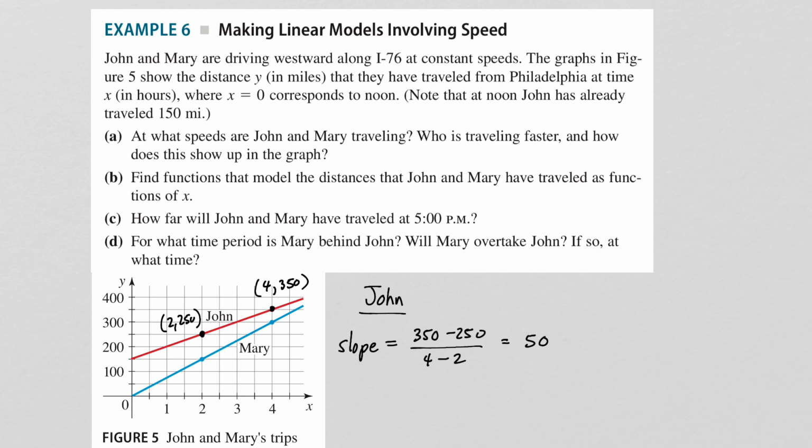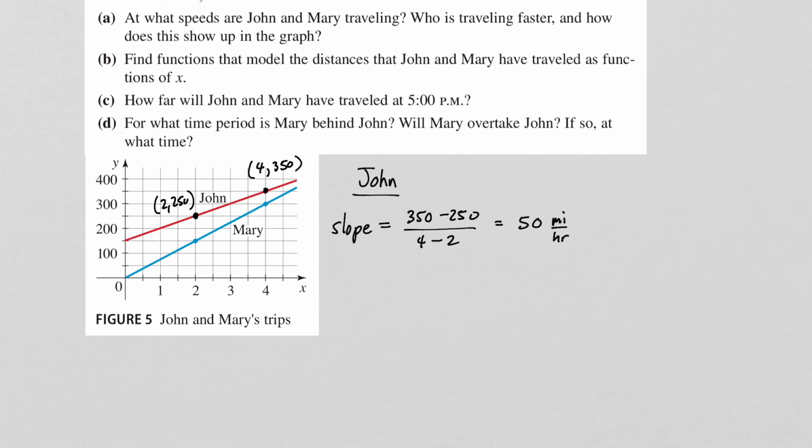We are measuring the distance in miles and the time in hours, and so this will be 50 miles per hour. And so that is John's speed.